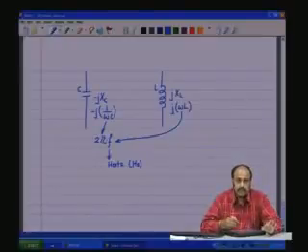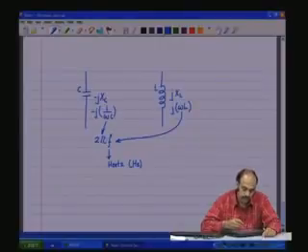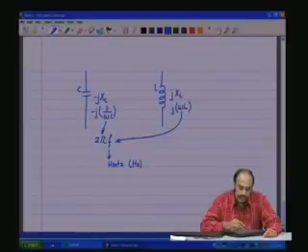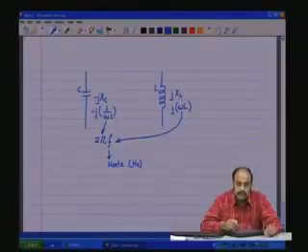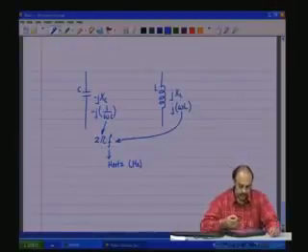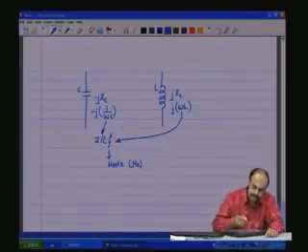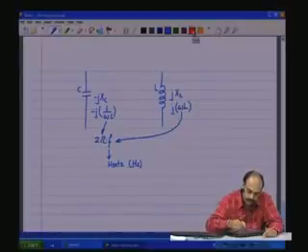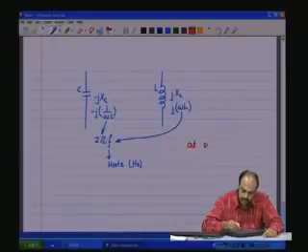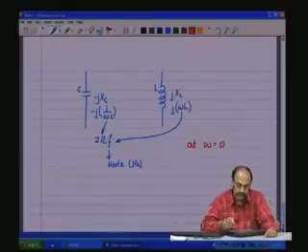So, at any particular radian frequency, the capacitance provides a reactance of 1 by omega C, and the reactance provided by the inductor is omega L. At omega equal to 0, what does it mean?